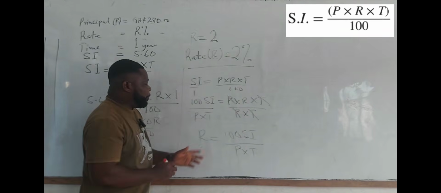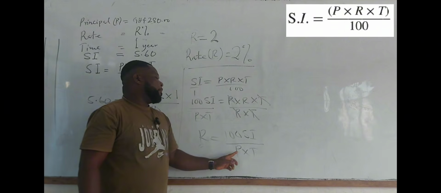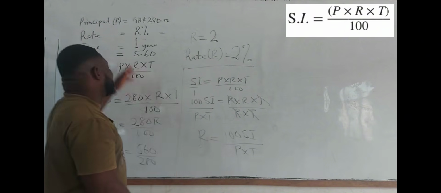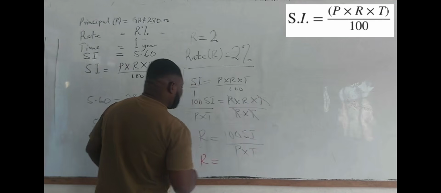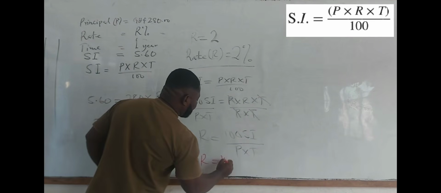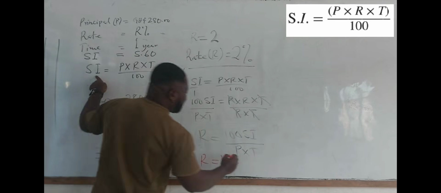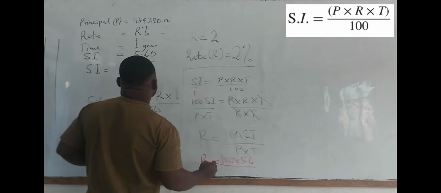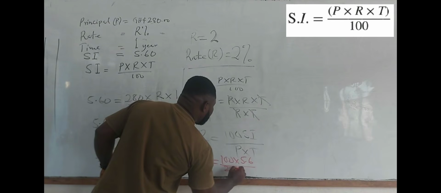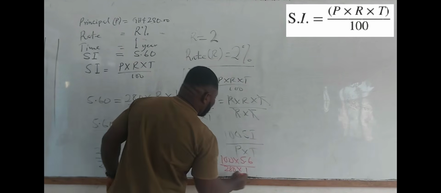Now that we know that the rate should be 100 times the simple interest all over principal times time, we have this in the question. So we are going to have R being equal to 100 times SI. SI is what? 5.6, all over principal is 280 times time being 1 year.